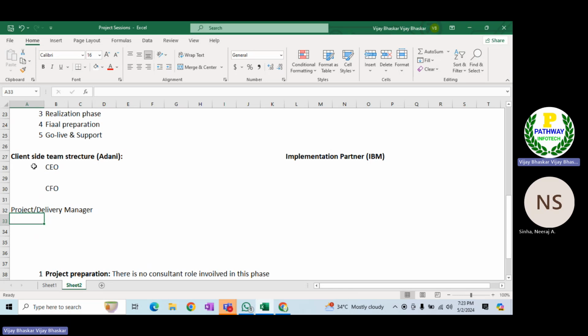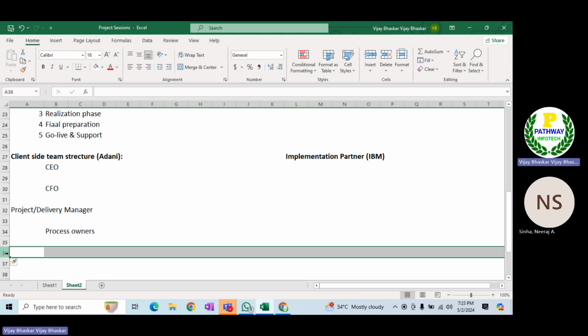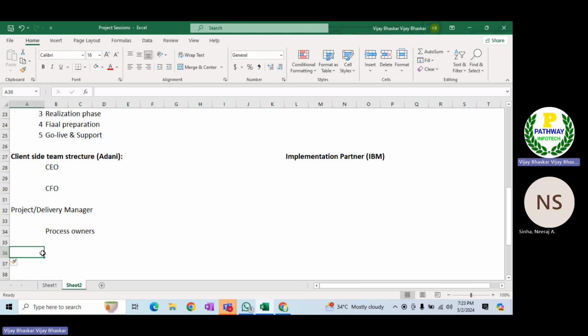Then, a very, very important thing, the core team. Under the delivery managers, I'll put process owners. Under the process owners, core team members will be available.